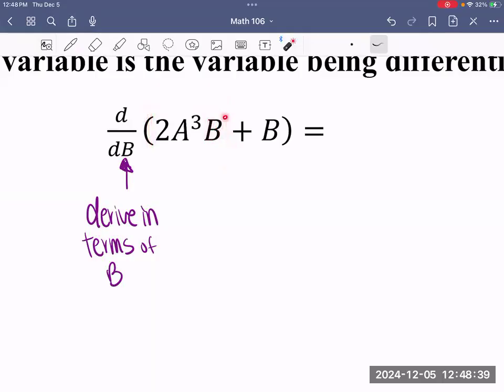So b has a degree of 1. Therefore, we can just drop it, and we're left with just 2a cubed for this term. And then again, b has a degree of 1 here, so we get left over with 1. The 1 comes from your coefficient of b, so it just gets dropped off. We have 2a cubed plus 1, which is your derivative.